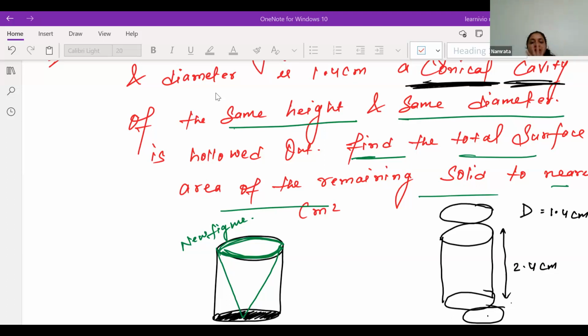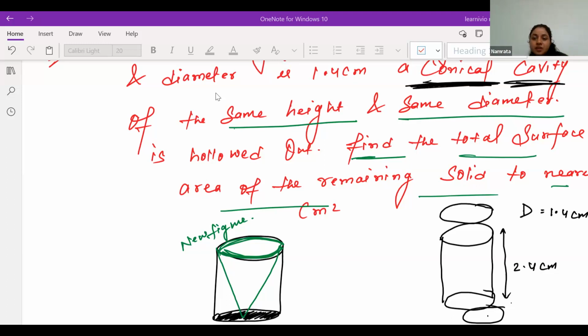From the top also there was nothing hollow, but since we have cut out a conical cavity, it has taken the shape of hollow from the top. So what are we going to find? We are going to find the curved surface area of the cylinder, the bottom's area of the cylinder, and the surface area of this cone.